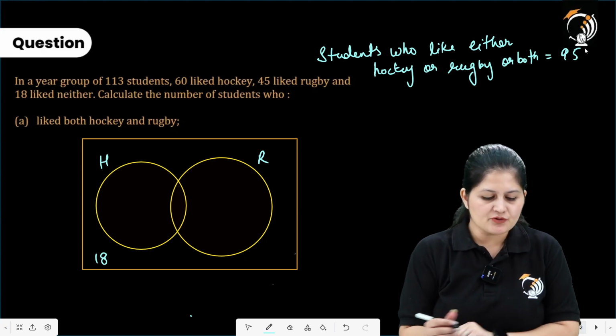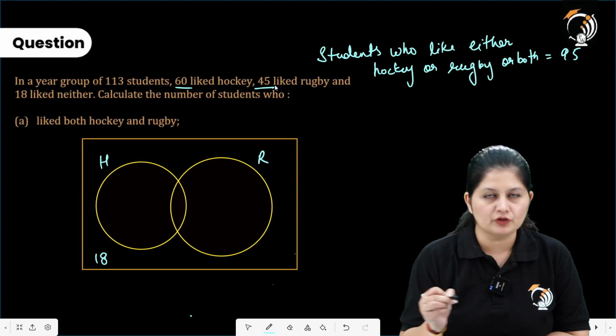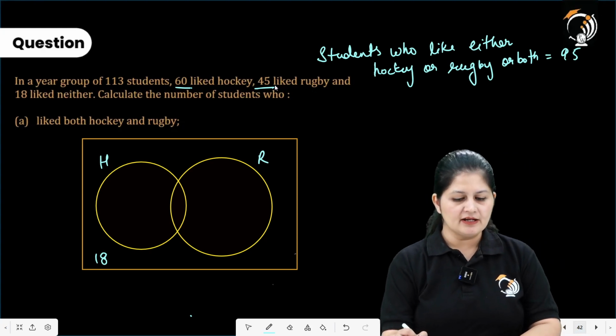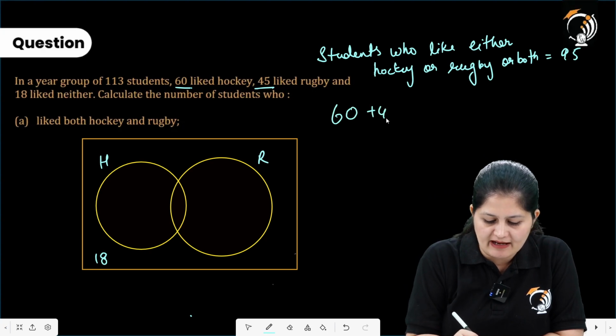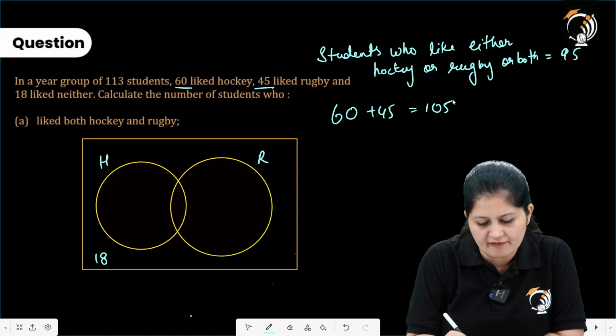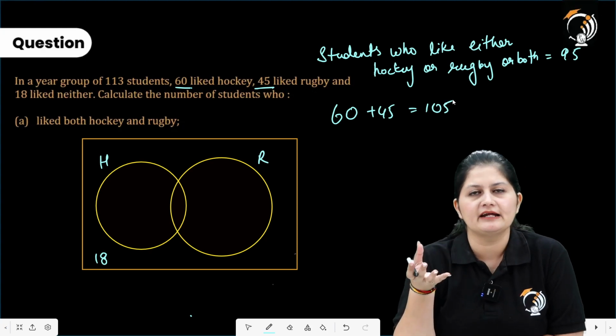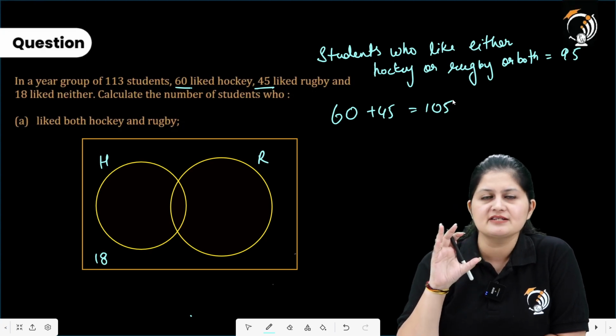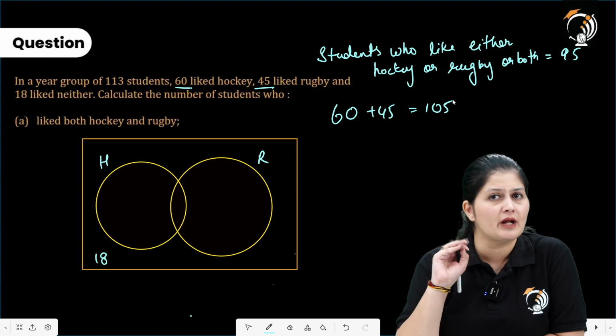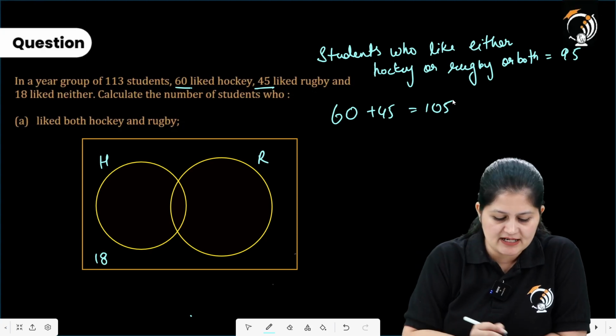Correct. Now if we find the sum of both of them, which is 60 plus 45, we are getting 105, but we need to distribute only 95 students. That means the difference is because of the students who like both hockey and rugby, which is nothing but 10.